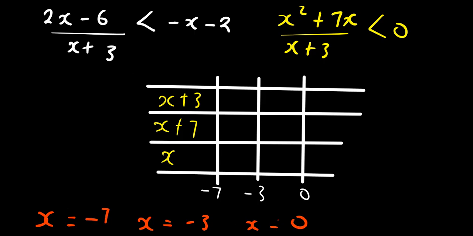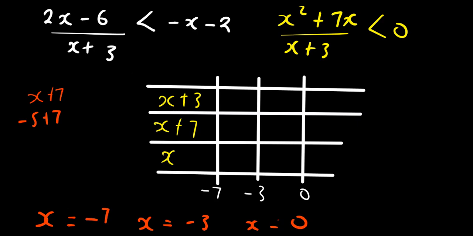Okay, now solving, what are we now going to have? Which value gave us negative 7? It was x plus 7. So if we get x plus 7, if we place any value that is greater than negative 7, let's say negative 5, negative 5 plus 7 will give us a positive number.